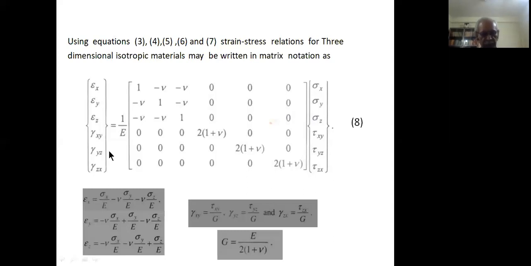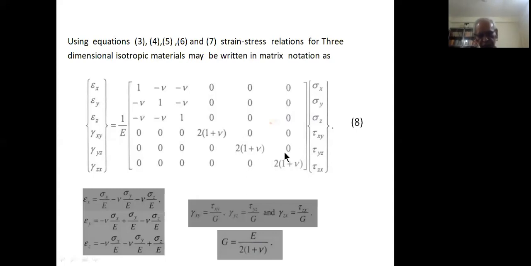Now if you take gamma xy, there is no normal stress effect, and there is the effect of only one shear stress, that is tau xy. So tau xy is here, and it is 1 by G. If you express 1 by G in terms of E, it becomes 2 times (1 plus nu) by E. And E is taken out, so you have got 2(1 plus nu). In the same way, for gamma yz, direct strains will be 0, and the gamma xy term is also 0.